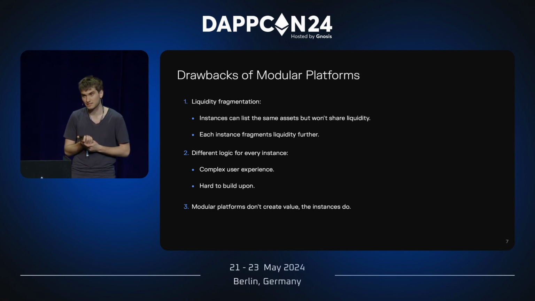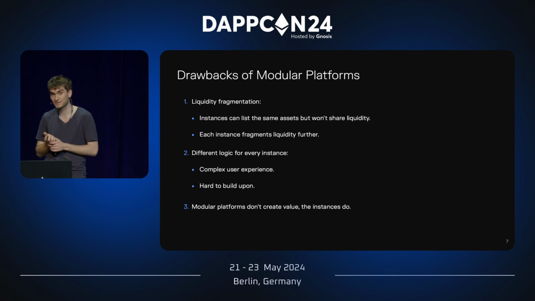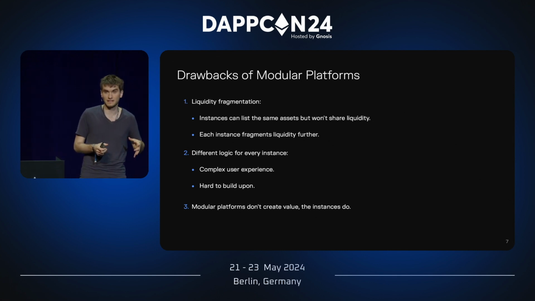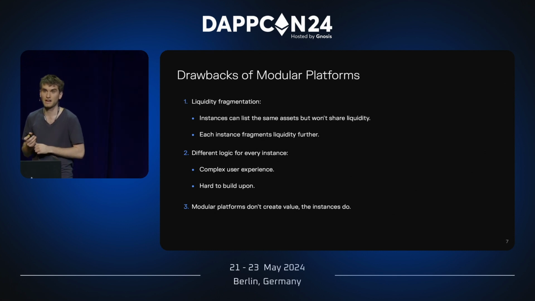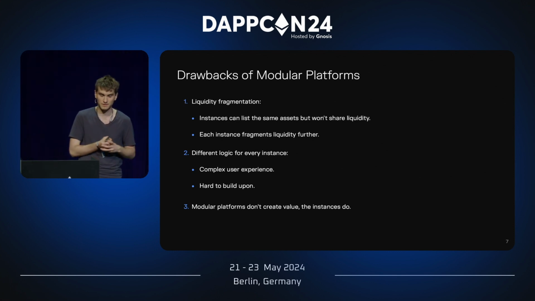And the last thing is that modular platforms in themselves are frankly just a code library at the end of the day, right? You have a piece of code and anyone can deploy it and build their own lending protocol. The same way people used to fork the Aave v3 or the Compound v2, not Compound v3, but Compound v2 instance.